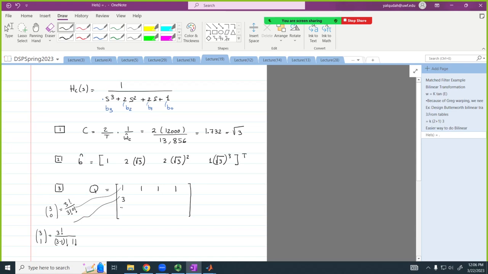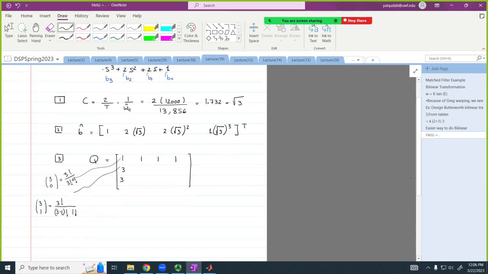And then we're going to get another 3, and this is going to come from 3 choose 2, which is going to be 3 factorial over 3 minus 2 factorial multiplied by 2 factorial.